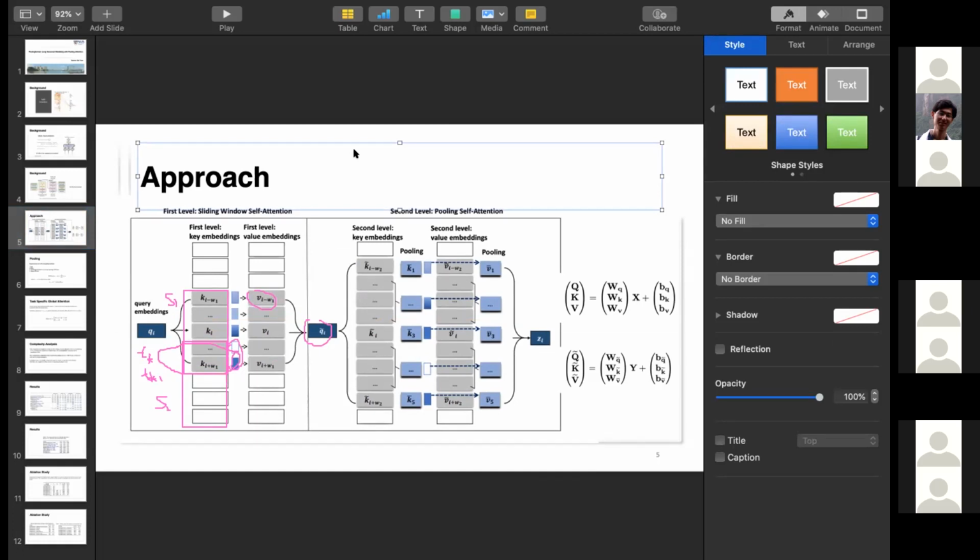How do they choose, and how do they further proceed? Maybe another question is that for the tokens in different windows, will they have the same value embedding?